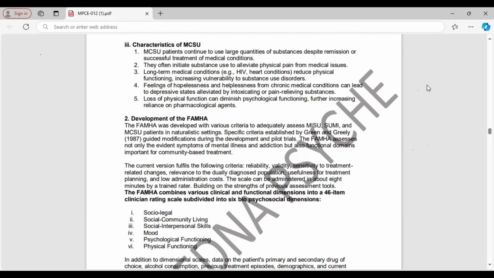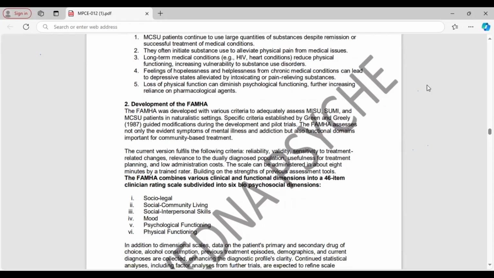Development of FAMHA: FAMHA was developed to assess the unique needs of MISU, SUMI, and MCSU patients in real world settings. It evaluates not only symptoms of mental illness and addiction but also functional areas critical for community based treatment.